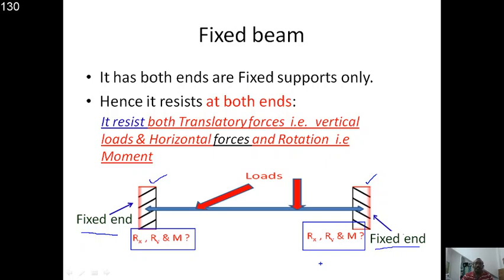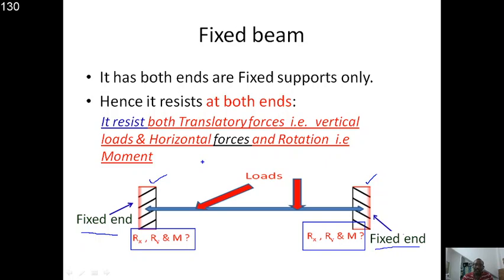That's why many building structures are framed with fixity, multi-frame structures you can say. Hence it can resist both translatory forces, vertical loads and horizontal forces, and rotation. The major difference between a cantilever beam and fixed beam is that the cantilever beam has only one fixed end and the other end is free.